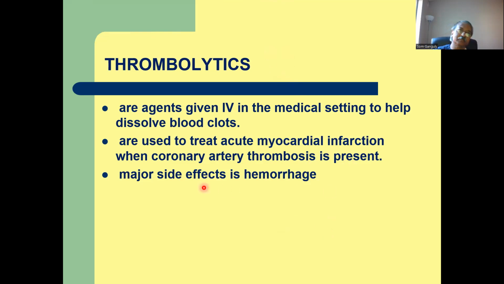And of course, when you are using that extraordinary measure of dissolving blood clots, the side effect would be hemorrhage. The person is going to bleed. And that is what we want. We want the person to bleed, so all the blood clots are flushed out of the system, and the blood clot problem would be gone.